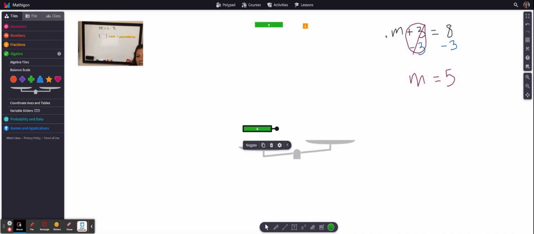I'm going to need 3 of the ones. So 1, 2, 3. I'm going to take those 3, move them on the left side. On the right side, I'm going to need 8. So here's 3. There's another 3, and then I need 2 more.